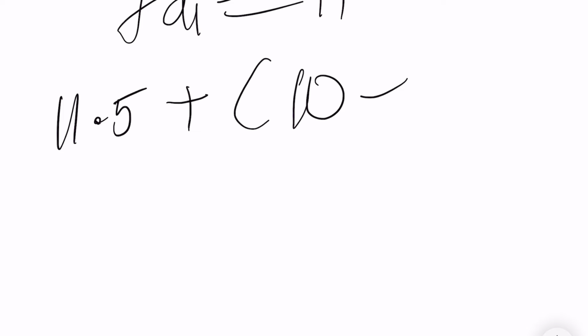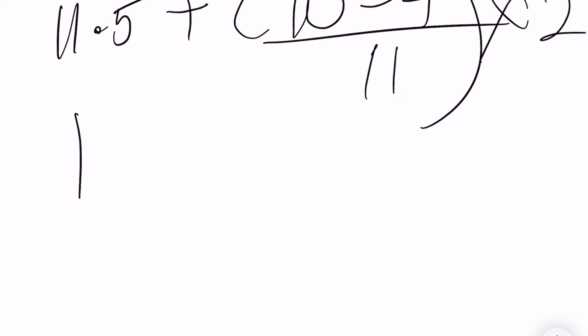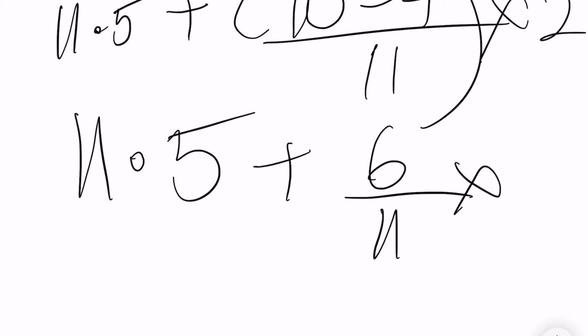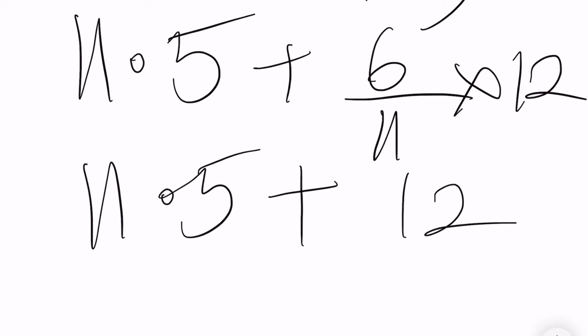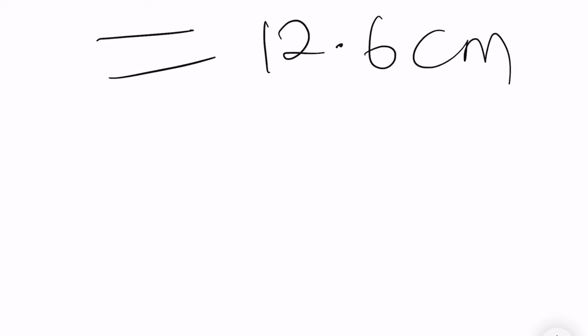Inputting this, we have 11.5 plus 10 minus 4 over 11 times 2, which is 11.5 plus 6 over 11 times 2, so 11.5 plus 12 over 11. So we have 12.6 meters.